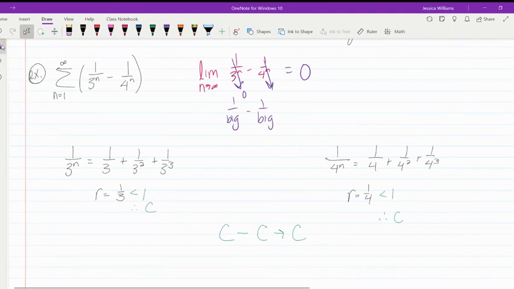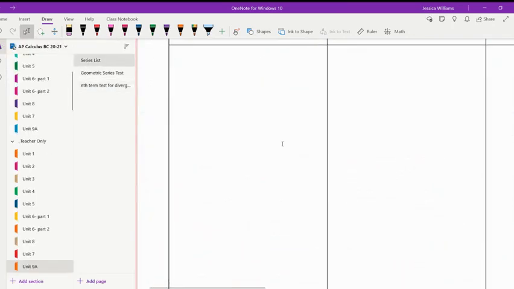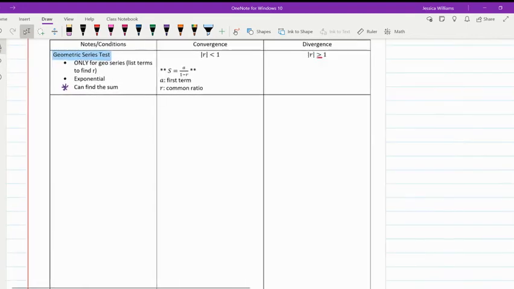Let's go to your salmon sheet and fill in your series list. We are going to call this one the nth term test. The note that I want to put here is that you're going to use this first. When I cycle through my options, I always do this one first.